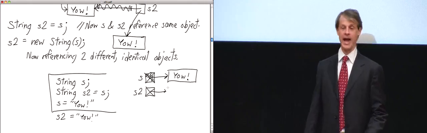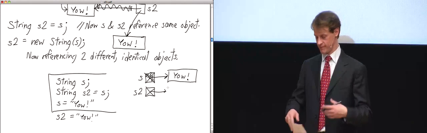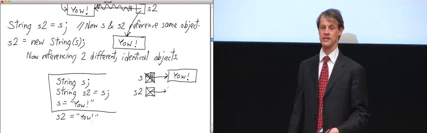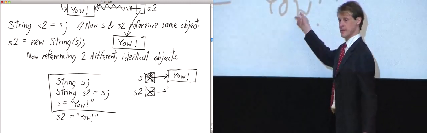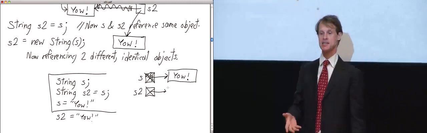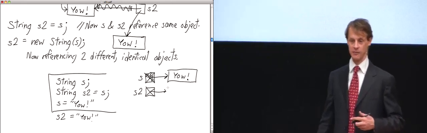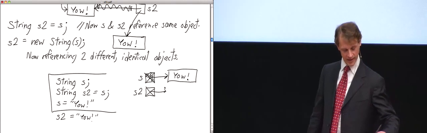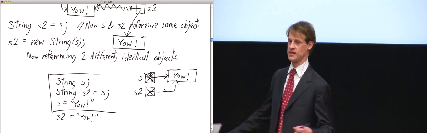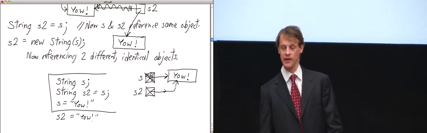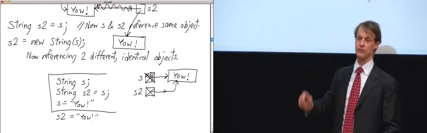As it happens, Java has kind of this secret hashing operation built in where when you specify a string like that, it checks if such a string already exists, and if it does, it reuses it just to save memory. This is not something people actually need to know for this class because, as far as I'm concerned, it's too technical and irrelevant. But in this particular case, to save memory, Java will make S2 point to the same object.